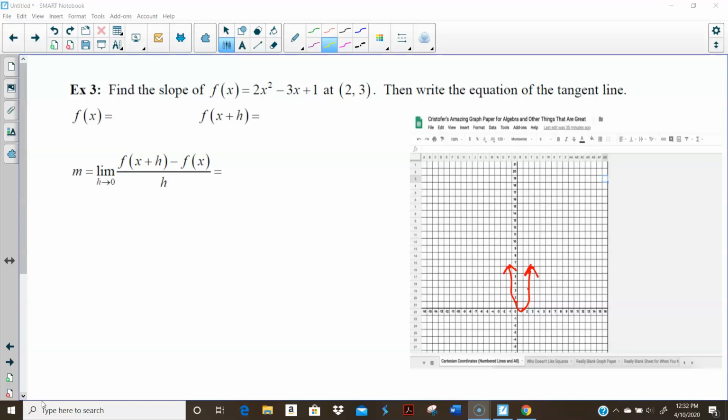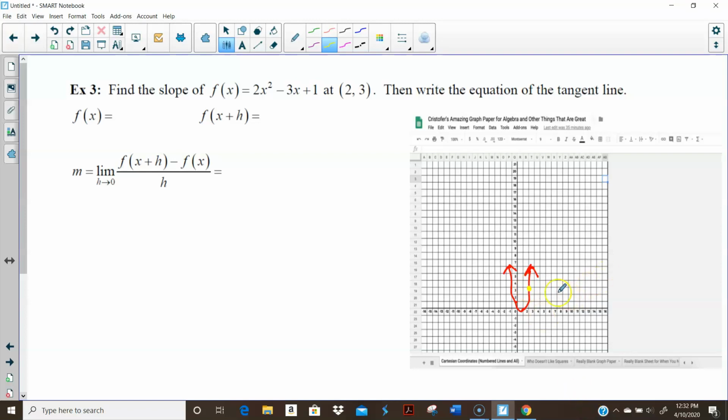So now it's going to become quite powerful because for a quadratic function, the slope is always changing. I drew this the best I could on here. But the question is, if I go right 2 and up 3 on this function, at that exact point, what is the rate of change?